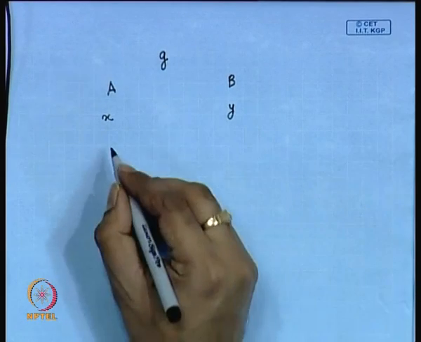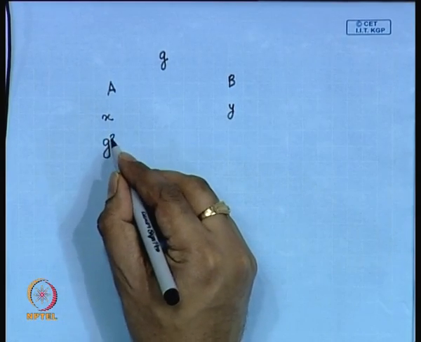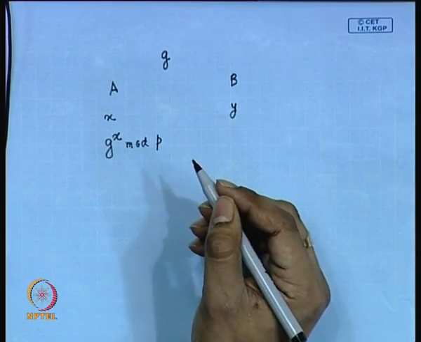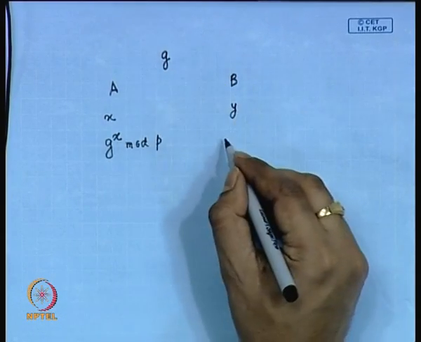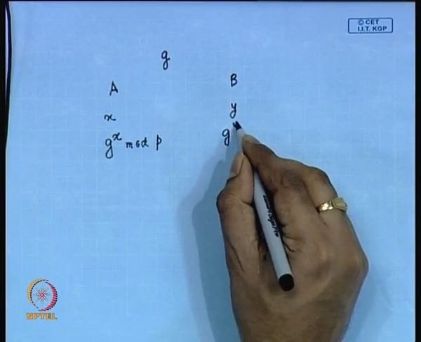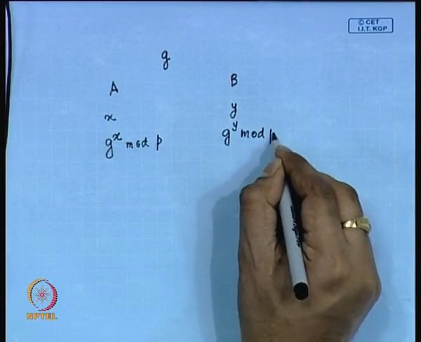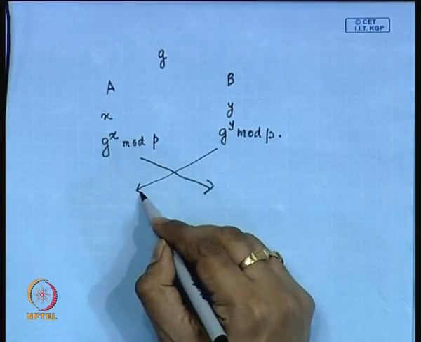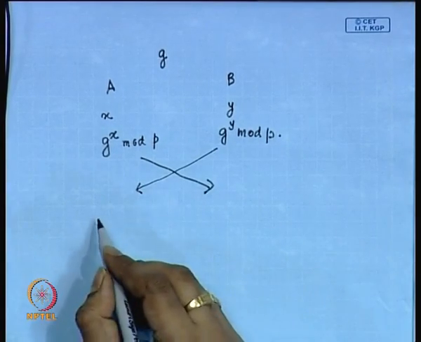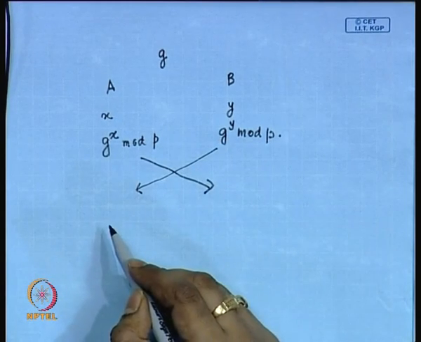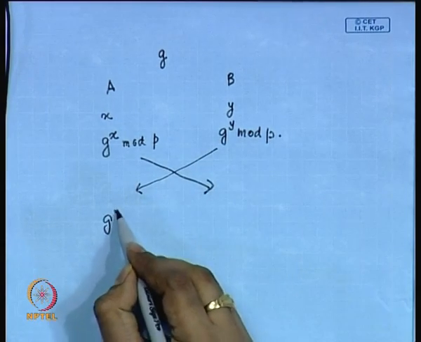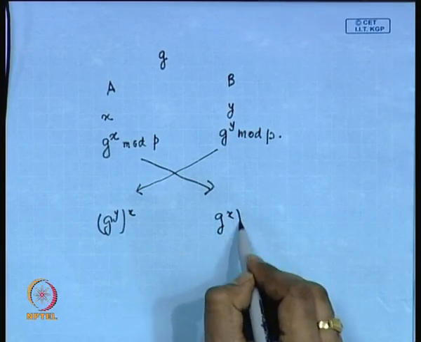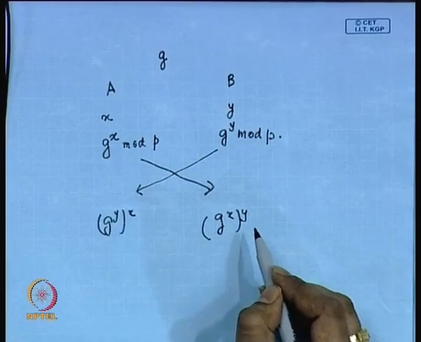So, A computes the value g^x, which could be modulo a given prime number p. And B generates g^y mod p. This is communicated to B, and that is communicated to A. When g^y mod p comes to A, it raises g^y to the power x, and B takes g^x and raises it to the power y.